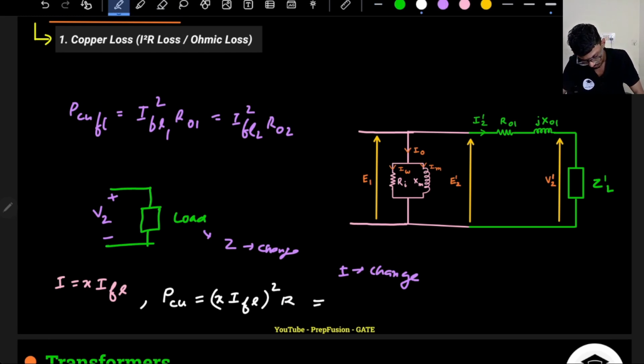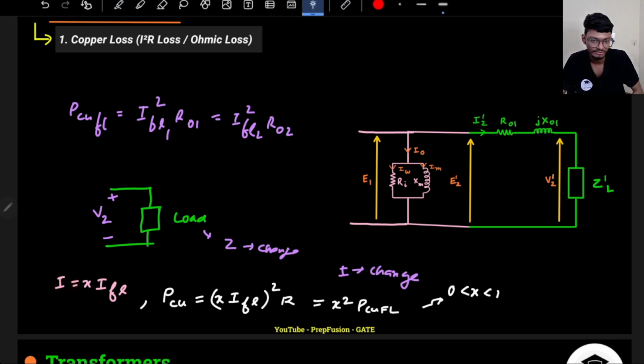So basically this will be x square into PCUFL, the full load copper loss, and x will always lie between 0 and 1. Obviously x cannot go beyond 1 or below 0, because my current will never go above my rated current; I will always be lower than my rated current, correct? That's why x will be between 0 and 1. So at any particular load, the copper loss will be x square times the full load copper loss. Understood? Copper loss will be x square times the full load copper loss.